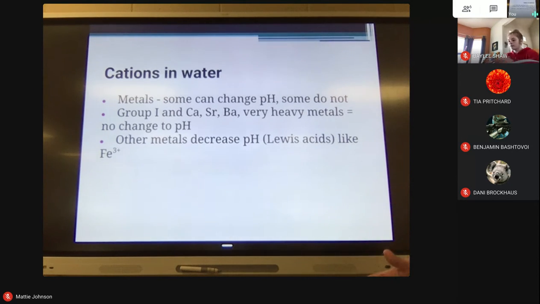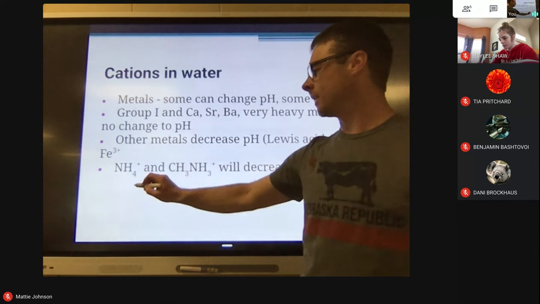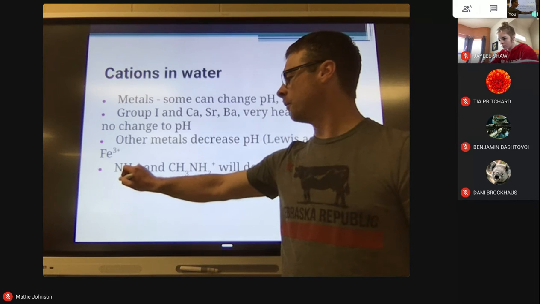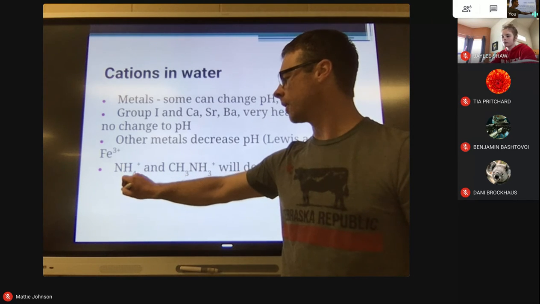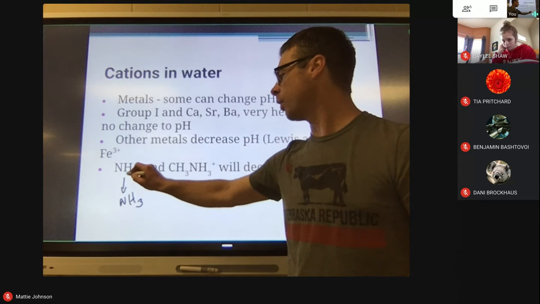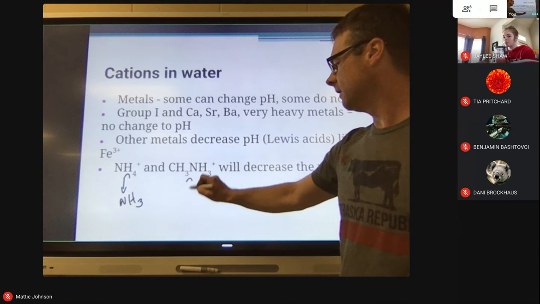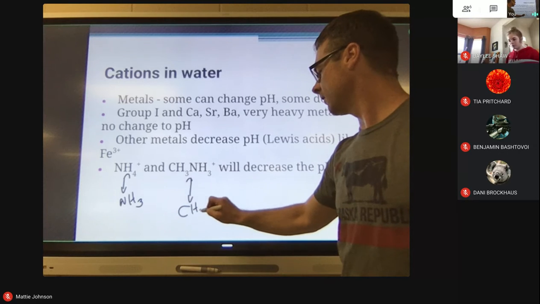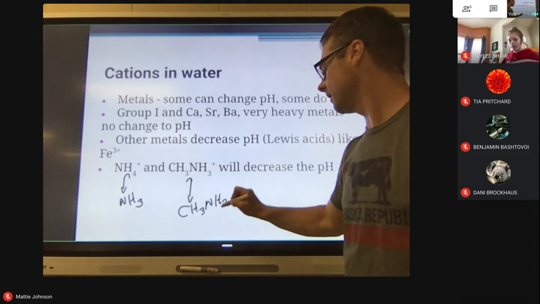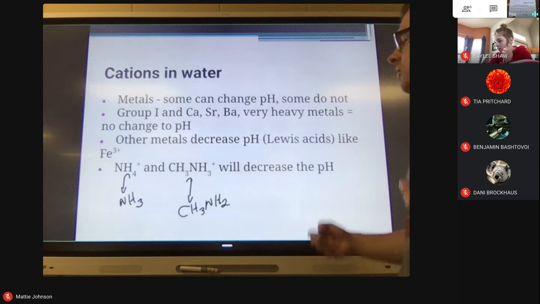The other cations that are going to be acidic would be things that, and I just grabbed a couple of them, things that are from your weak base chart but are conjugates. So NH3 is a weak base, NH4+ is a weak acid. Methylamine is on that chart. It is a weak base, C3N3H+, that's its conjugate, that's a weak acid.